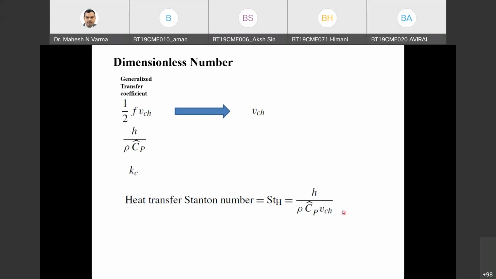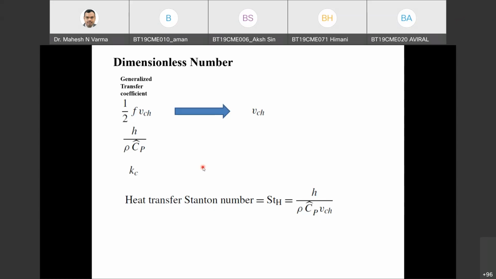No. Sir, H by rho Cp will represent heat and V Cf by 2 will be momentum. So heat upon momentum.